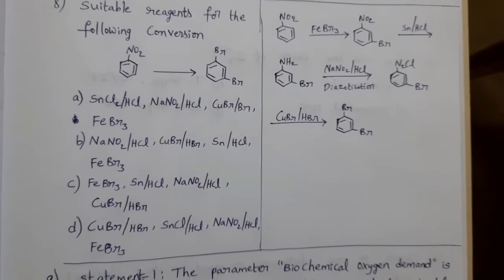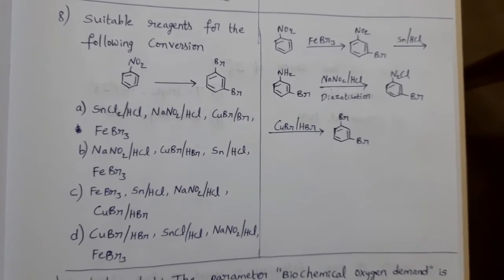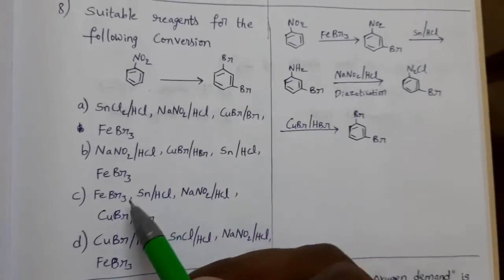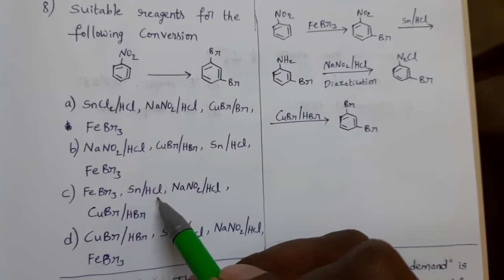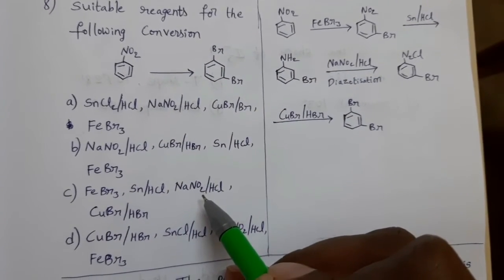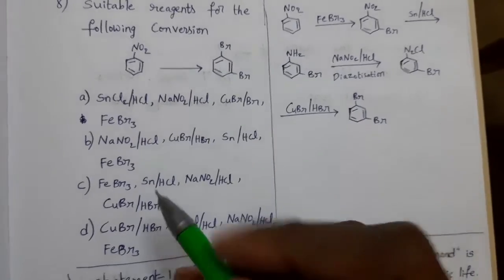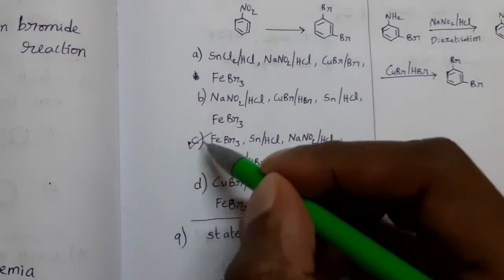So what is the suitable option for this reaction? Option C: FeBr3, Sn HCl, NaNO2 HCl, CuBr, HBr. Option C is the answer for this.